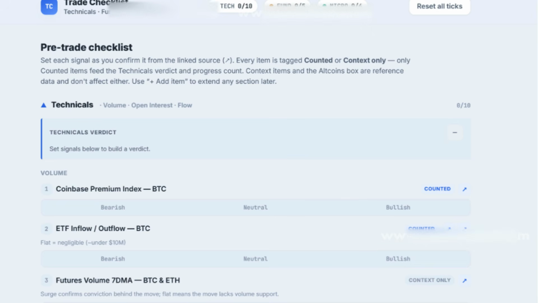Now in BTC, ETF inflow outflow is the main indicator to determine the volume, not a symbol volume or periodic volume indicator, or this and that, and data software and Excel charts. These things are not going to determine the price action of BTC. So that's why Coinbase Premium Index, ETF inflow outflow and futures volume are important.